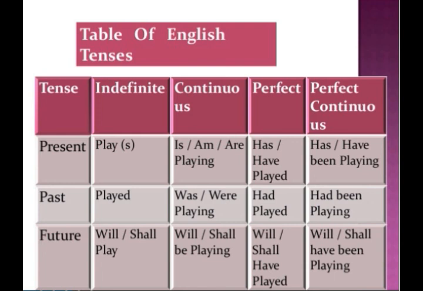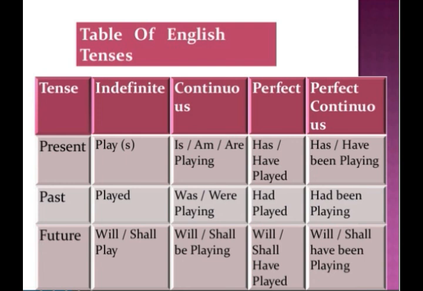Now come to the perfect continuous. See, as it is continuous, continuous is there with perfect. So again, first form of verb and ing are always same. And as it is perfect continuous, then we always use been in the sentence.